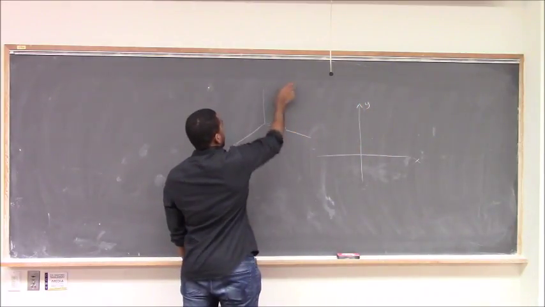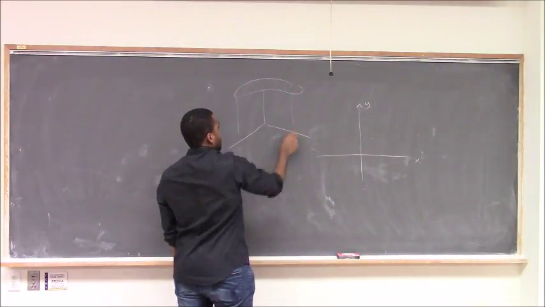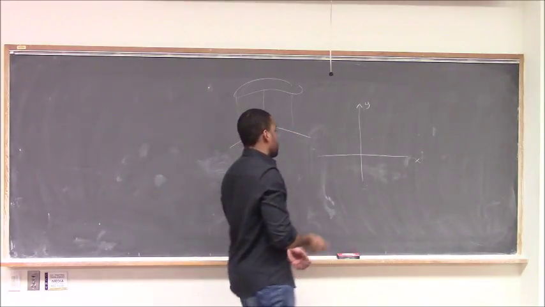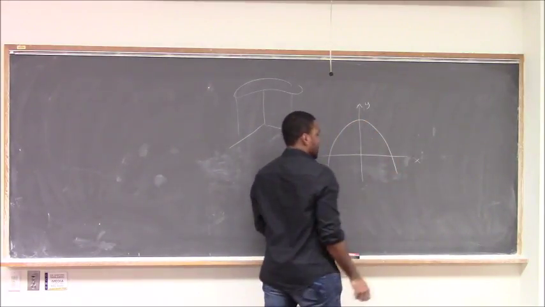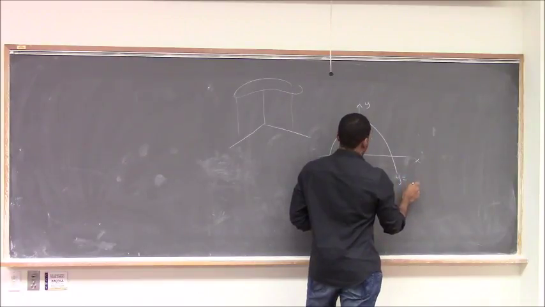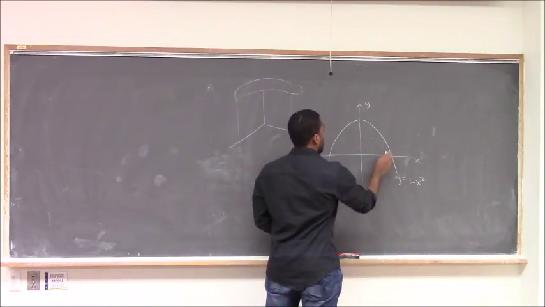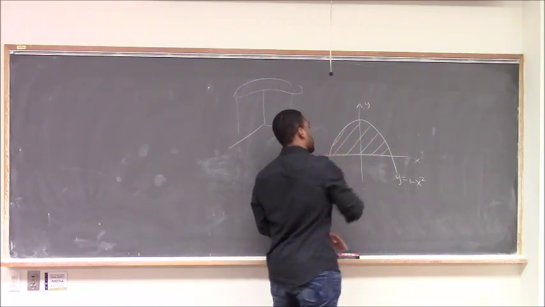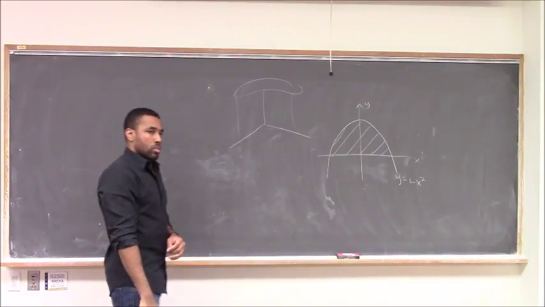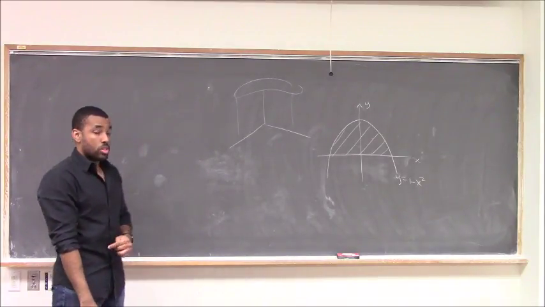Really something's happened in 3-space and you have a surface and it's projected into the xy plane. Suppose you know it projects like this, where the y goes up to 1 minus x squared, and it cuts off here, so you have that. How would you set that up in terms of the limits on the integral?